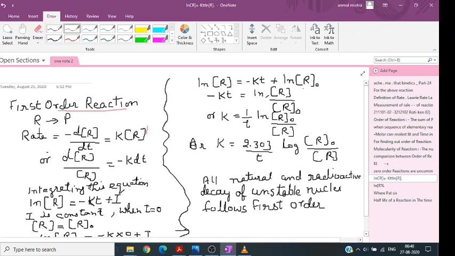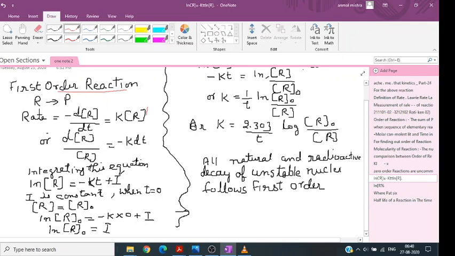So integrating this equation, we will get ln R is equal to minus kt plus I, where I is the constant of integration.